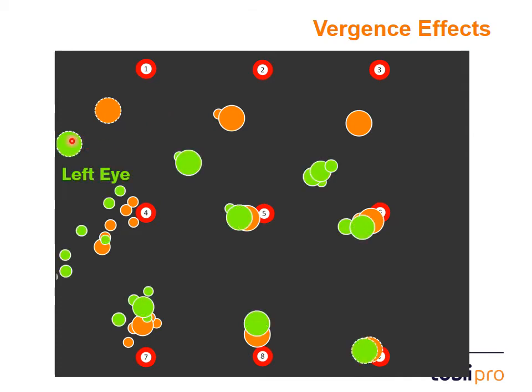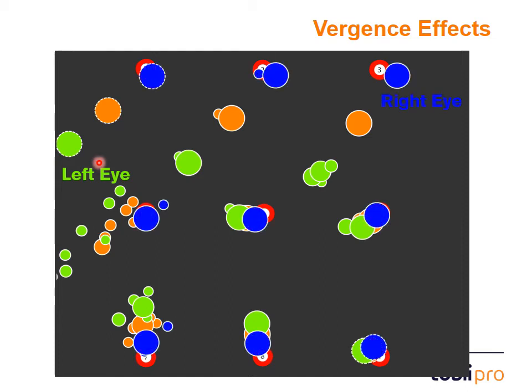Here you see the left eye data, and the left eye data is even further out than the average of both eyes, which makes sense. So that means that the right eye is likely to be on this side of the average, and down here where they're pretty close together, the right eye is likely to be close. In this case, what we see is the average value is off target, but it seems to be strongly driven by the left eye. Let's take a look at the right eye. And there you go. The right eye is tracking true.